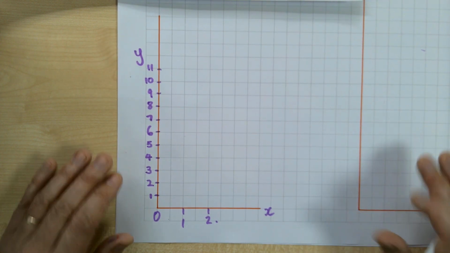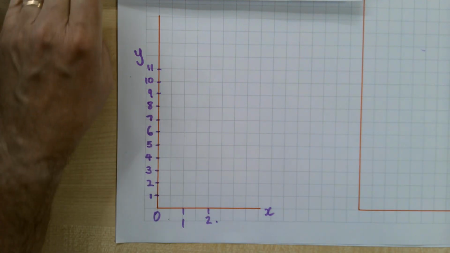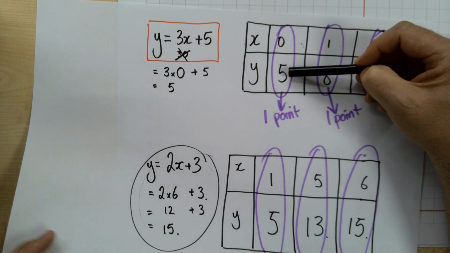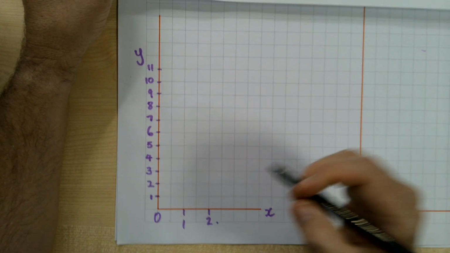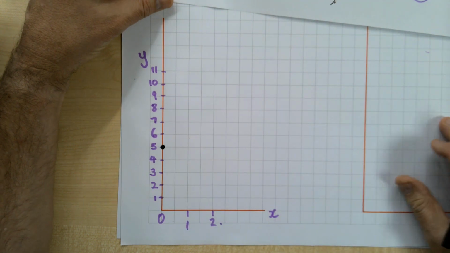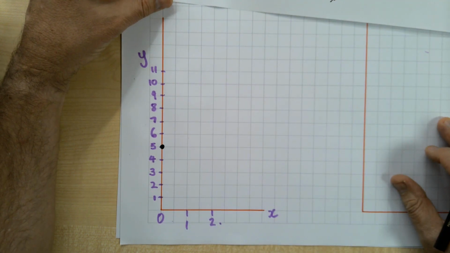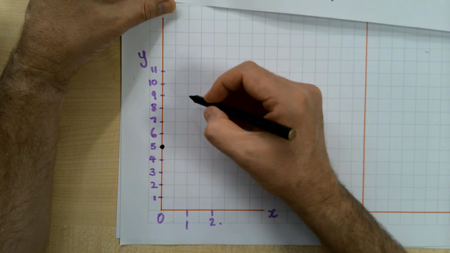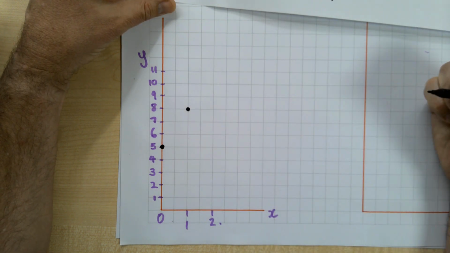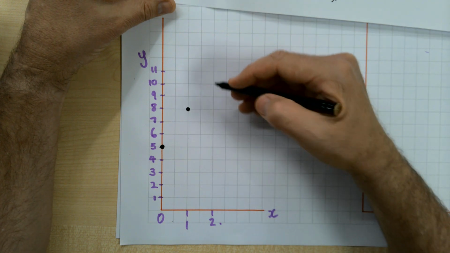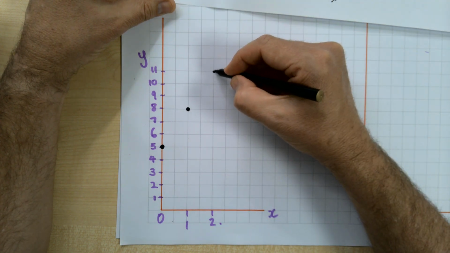All right, so let's just look at it. When x is 0, y is 5. So that is that point right there. Next one says when x is 1, y is 8. The next one says when x is 2, y is 11.